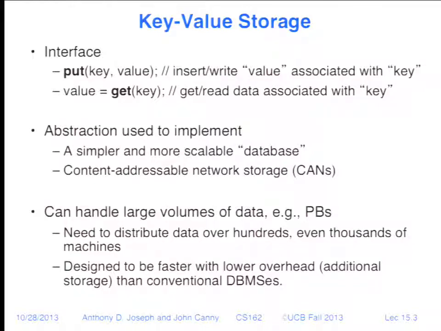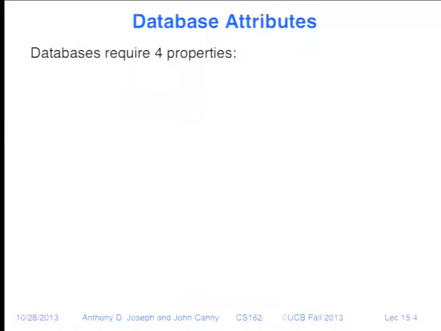Those are distributed over hundreds or thousands, actually probably hundreds of thousands of machines at the high end. And they're designed to be faster with lower overhead. For instance, there are different types of overhead in traditional relational databases. One of them is just the indexes that are often an order of magnitude bigger than the data itself. But we'll see some of the other types of overhead that key value stores try to minimize.